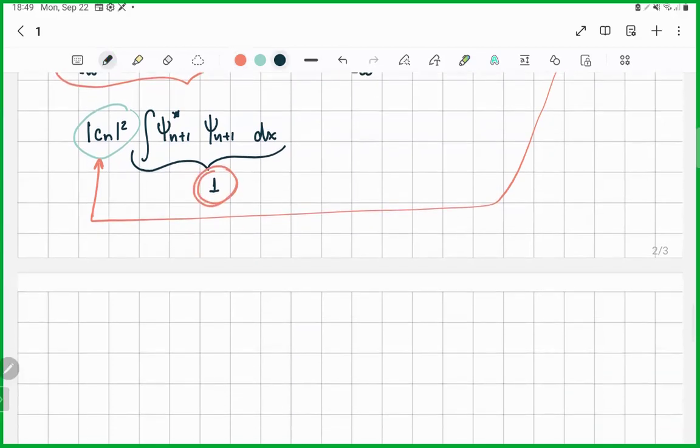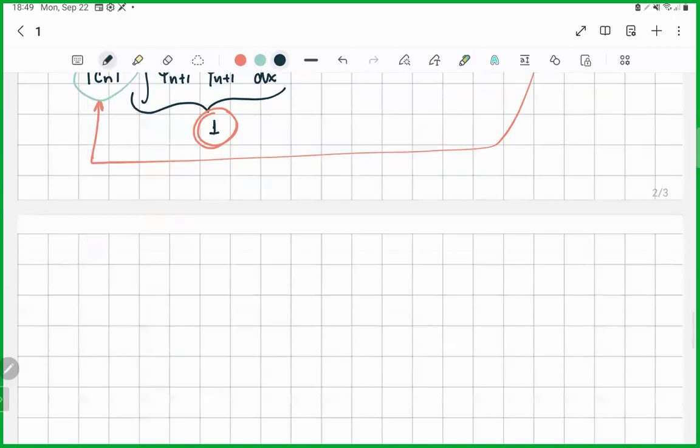So then we found that Cn is the square root of n plus 1. And so our equation, a plus of psi n, gives us the square root of n plus 1 times psi n plus 1.